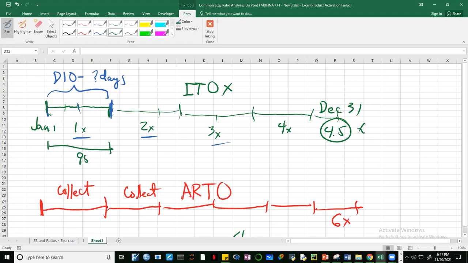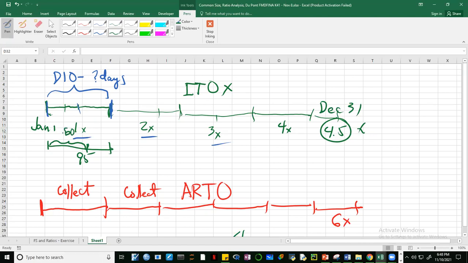Si competitor natin, guys, on the 60th day nila, nabenta na nila. Baka 60th day, pinoproduce pa rin din natin eh. Di ba? So, talo tayo. Guys, talong-talo tayo ng direct competitor natin or ng industry average. Kasi tayo, 95 days, si competitor natin, 60 days.